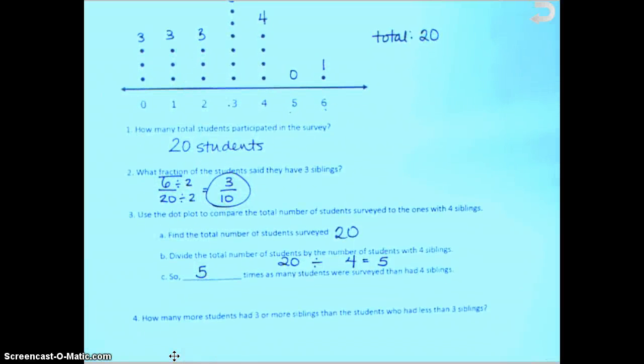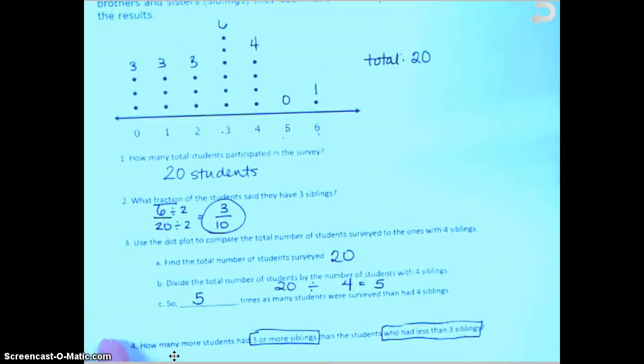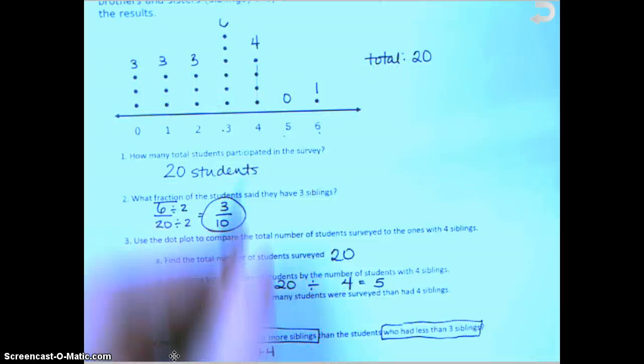How many more students had 3 or more siblings, let me circle that, than the students who had less than 3 siblings? So let's see, how many had 3 or more siblings? So 3 or more would be 6, because 6 people had 3, then 4, 0, and 1.